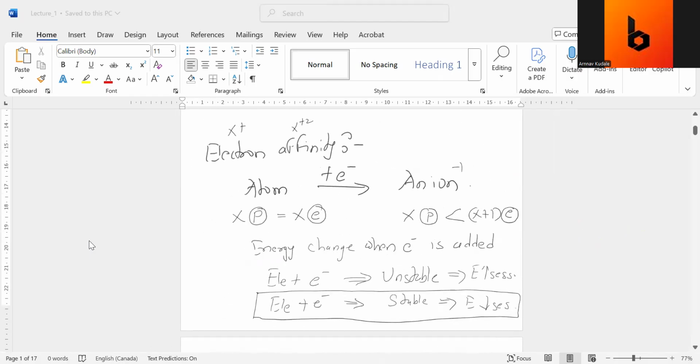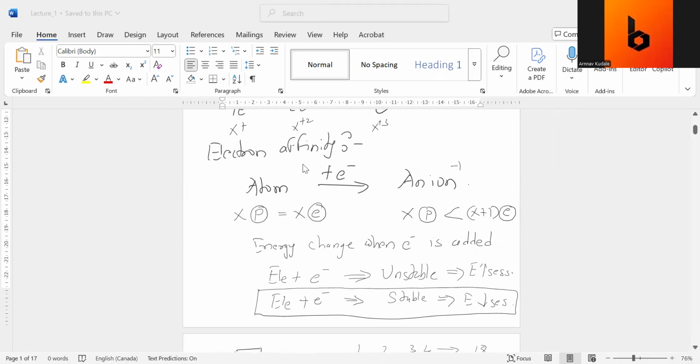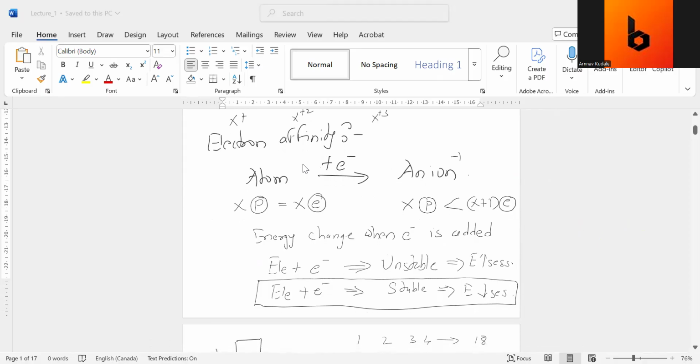Then let us talk about the next concept, that is electron affinity. What is electron affinity now? You have an atom, you add an electron to it, you convert it to an anion. So you are forcefully adding an electron to the atom.